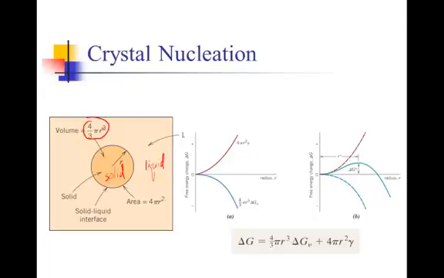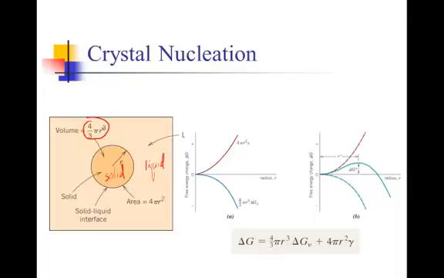The surface area is opposing the transformation because it turns out that whenever you have a surface between two different materials, even if they have the same composition and it's just a solid and liquid, or even in the case between two solid materials of the same composition, you have some higher energy associated with that surface being there between them.